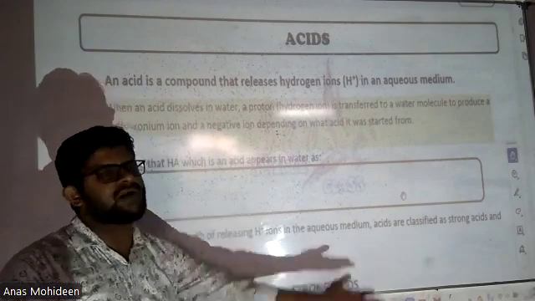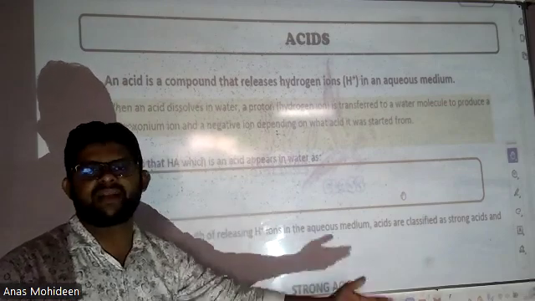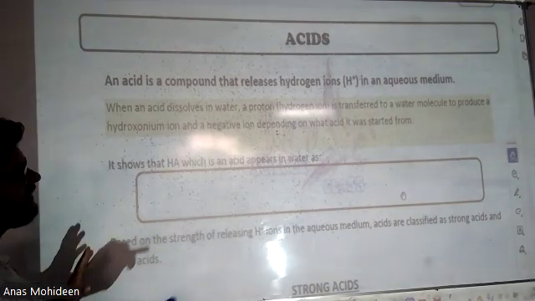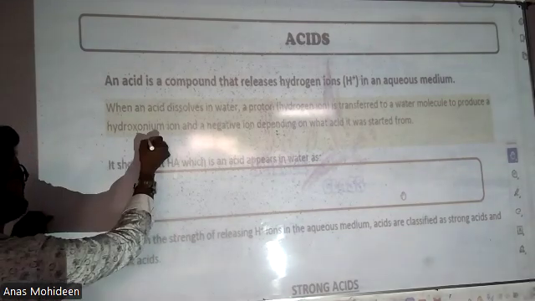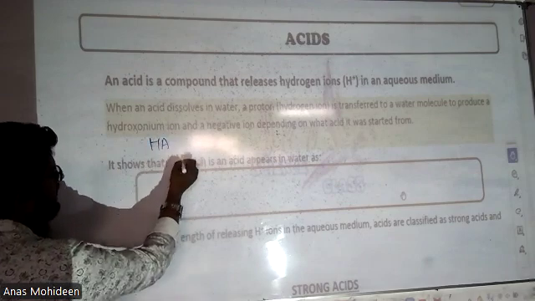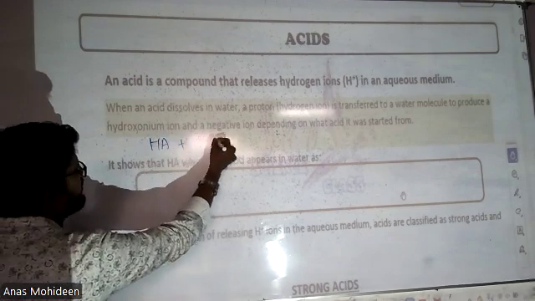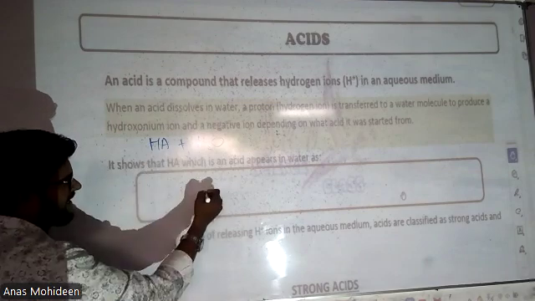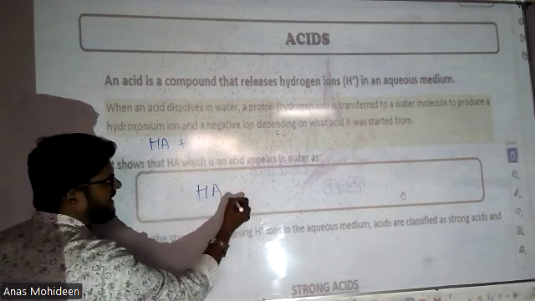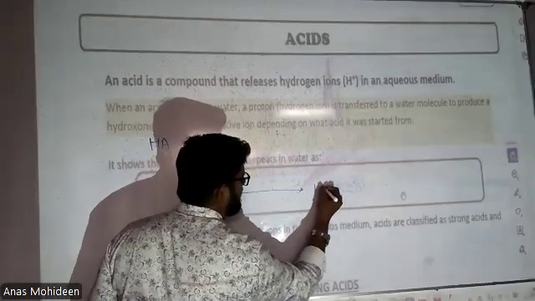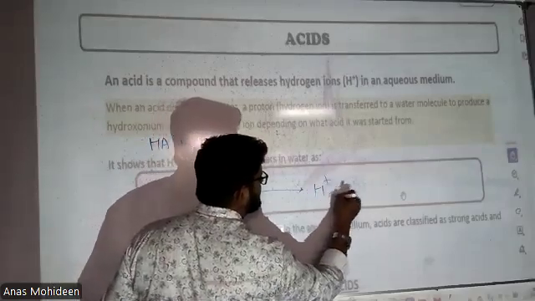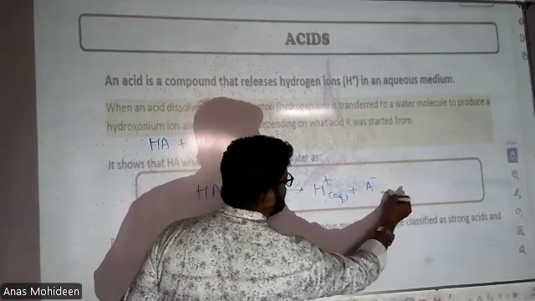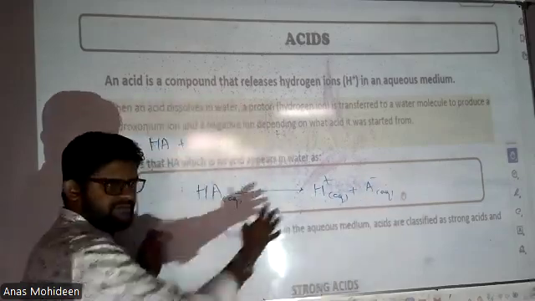So proton transfer means a hydrogen plus ion is formed. So HA, when you add it in water, ionizes as hydrogen plus and A minus ions, right?